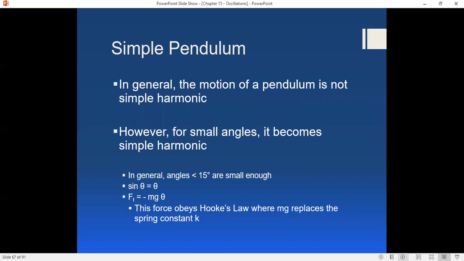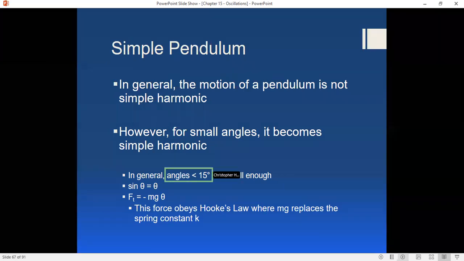So what we need is angles that are less than about 15 degrees. And in this regime, the period is constant and really pretty much independent of angle. The small angle approximation makes a little substitution. The equations that describe the motion of the pendulum are actually pretty complicated.